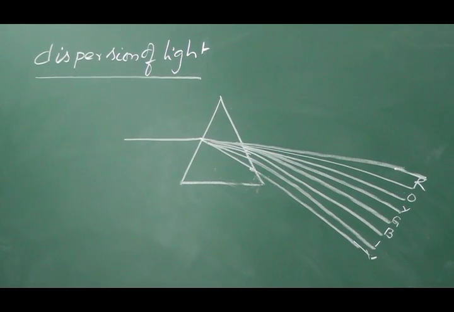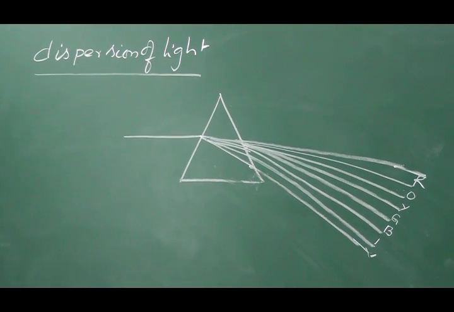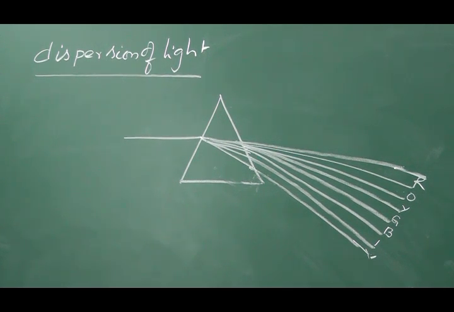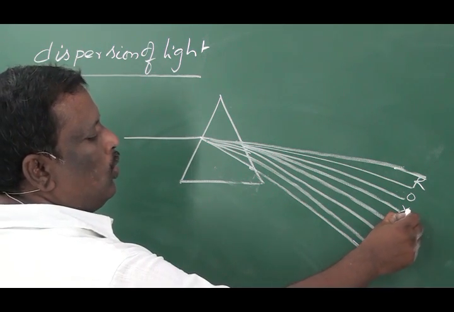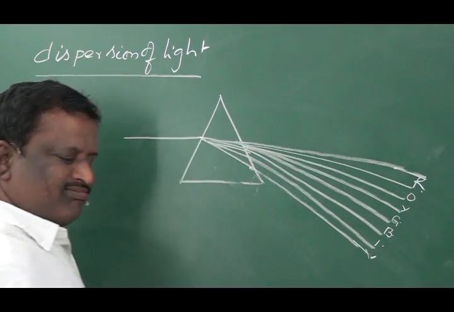So dispersion of light. Dispersion of light is another important property of light. The white light which we are seeing is a mixture of 7 colors. They are violet, indigo, blue, green, yellow, orange and red.